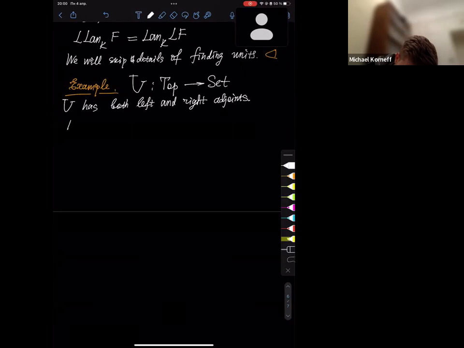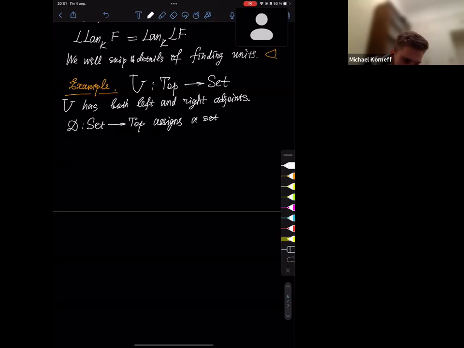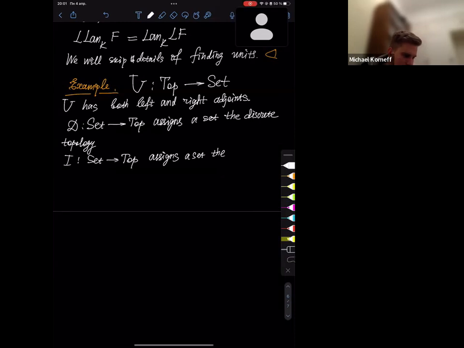The functor D from Set to Top assigns to a set the discrete topology, and we have a functor I from Set to Top, and this functor assigns to a set the indiscrete topology.